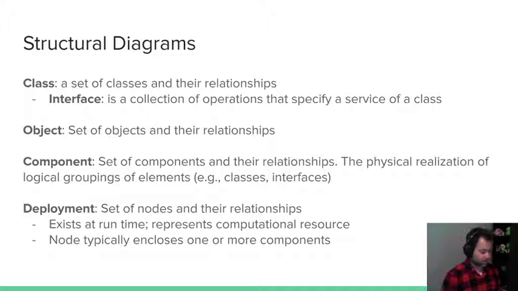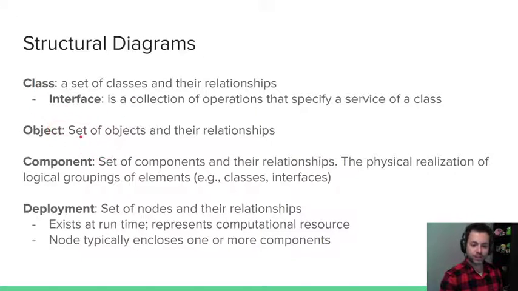All right, so let's talk about some of these different types here. We have a handful of different diagrams for structural. So we have classes. Again, we'll be going into these. Interfaces is how we specify what the particular operations are for a class, maybe any interfaces that they need to talk to other classes.